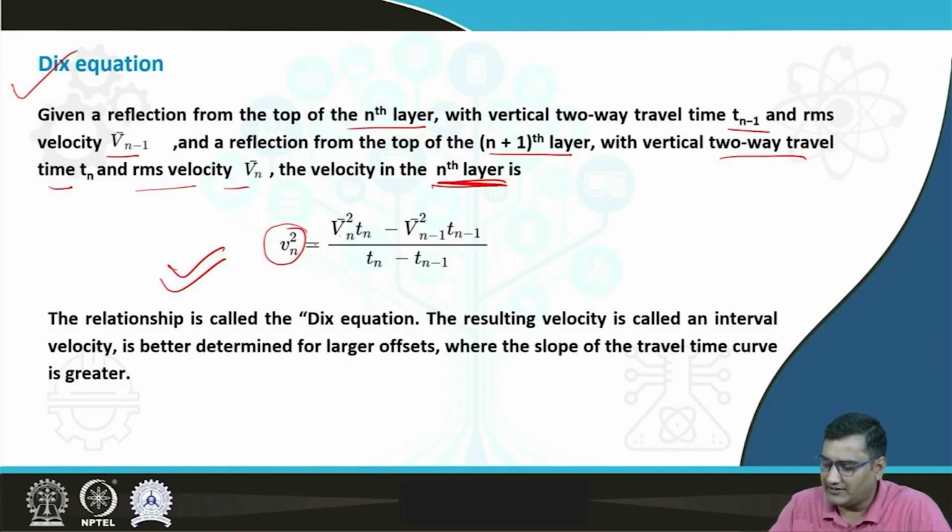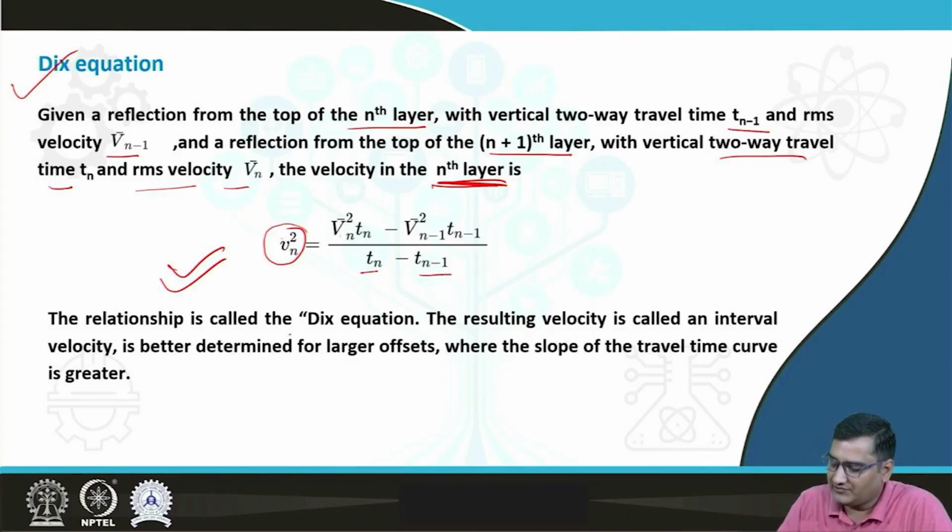Let me say it again. This Vn square, where Vn is the interval velocity, will be equal to Vn square, that is the RMS velocity for the n number of layers, multiplied by Tn, that is the vertical two-way travel time from the top of the n plus 1th layer, minus the RMS velocity for the top of the nth layer squared, multiplied with the vertical travel time for the n minus 1 layers, divided by Tn minus 1.